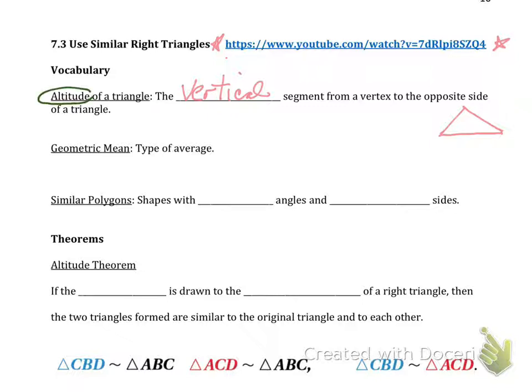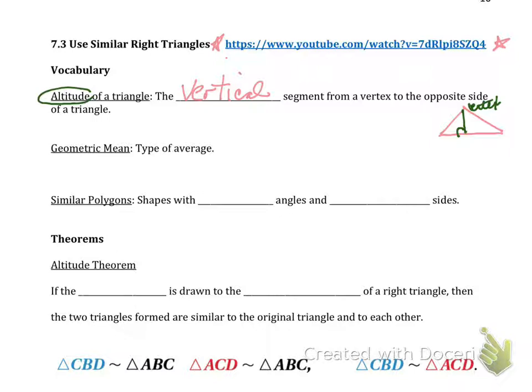If I drop my altitude from the vertex to the side opposite it, just draw a straight line down. It hits at a right angle over here. That is called an altitude right there. So it goes from a vertex, which is the corner, to the side opposite of it. That's an altitude. So we're going to use this.